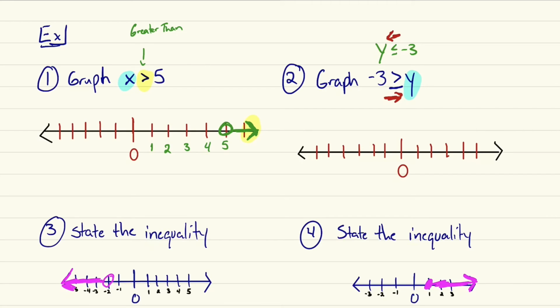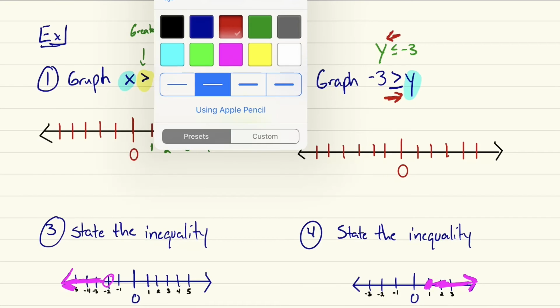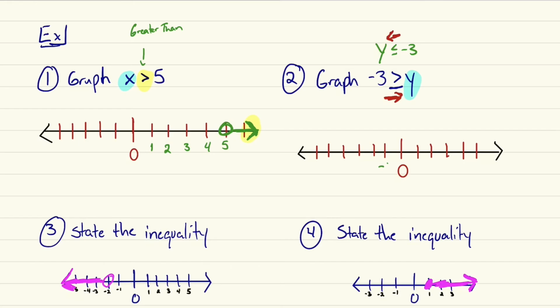That helps us to see that we've set the problem up right. Now that we have the problem set up the right way, where y is less than or equal to -3, all I have to do is find my number. So if I were counting down -1, -2, -3, I put my circle around -3.